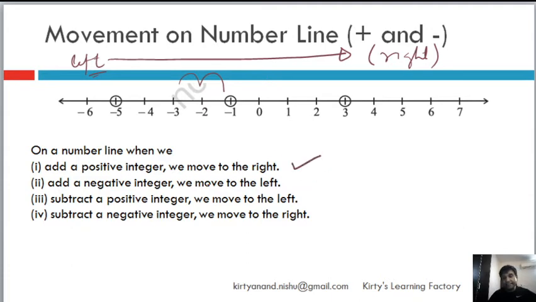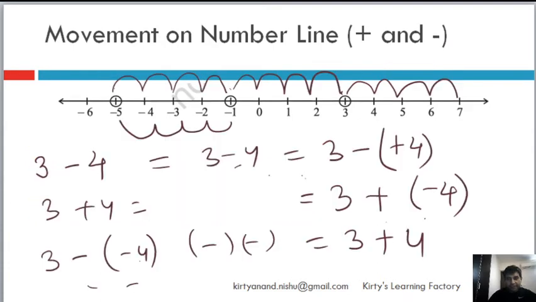Add a negative integer and we move to the left. Once again, if we move left the value decreases, if we move right the value increases, right? So when we add a negative integer, let's go back here and see what we are doing. Look at this for a moment.